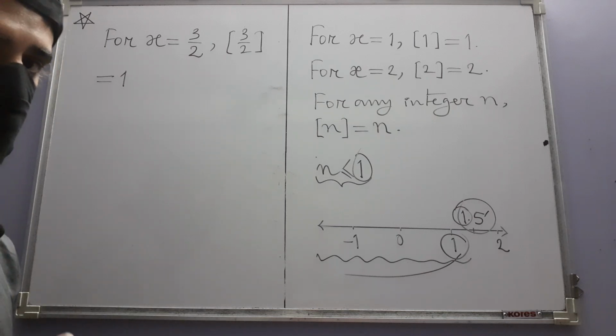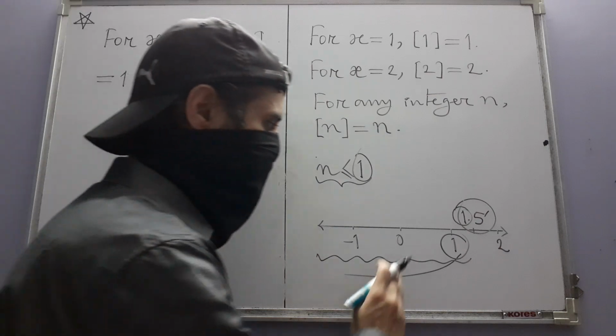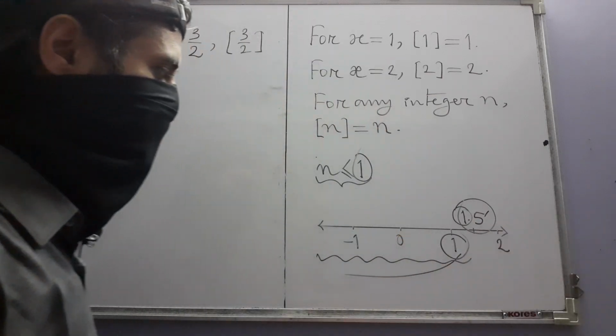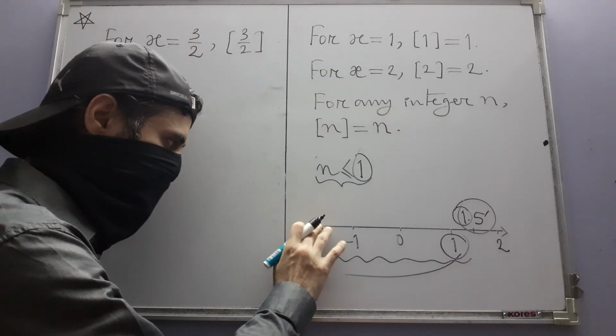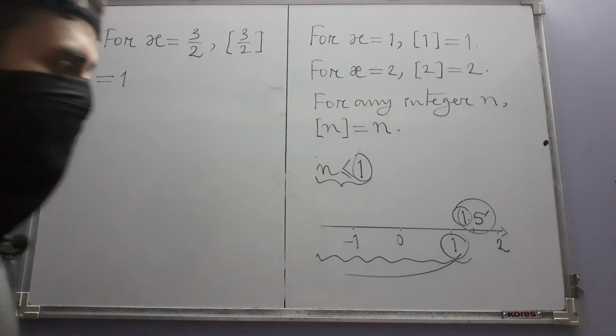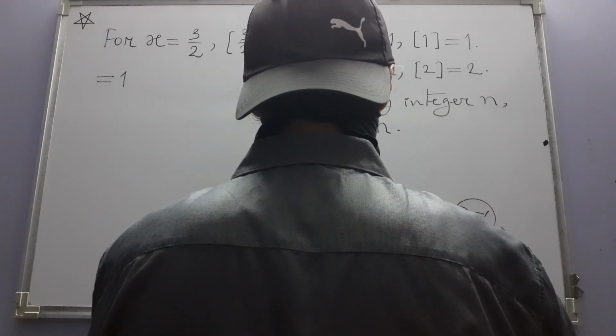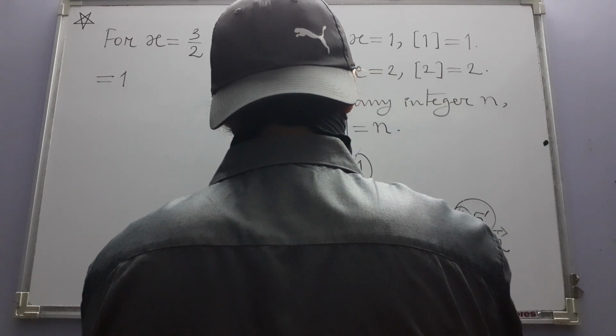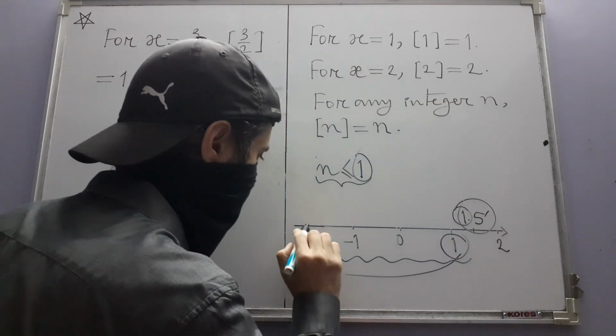This is a little problematic. It works well on the positive side. However, if you similarly look at the negative side, then things go wrong. If you think like that, say I have 1.5, I disregard 0.5, and 1 is the greatest integer value.